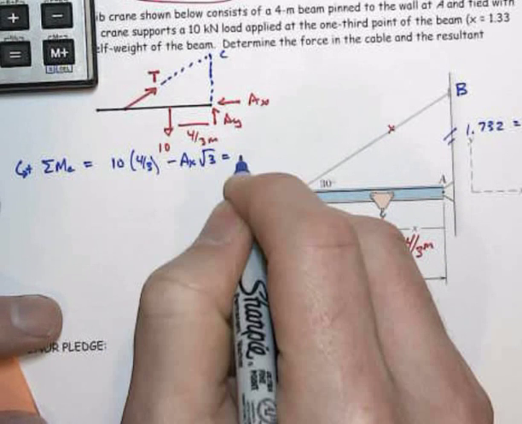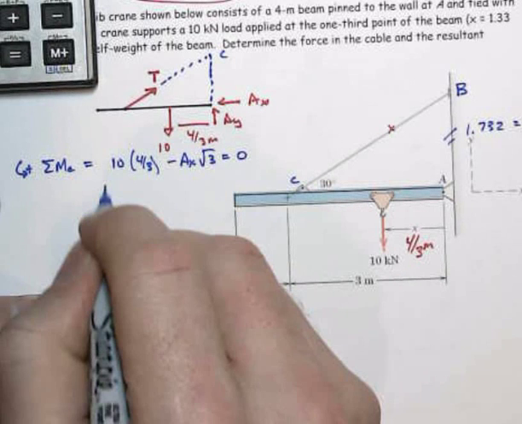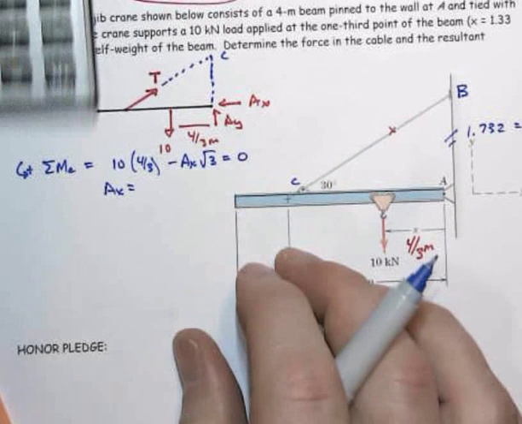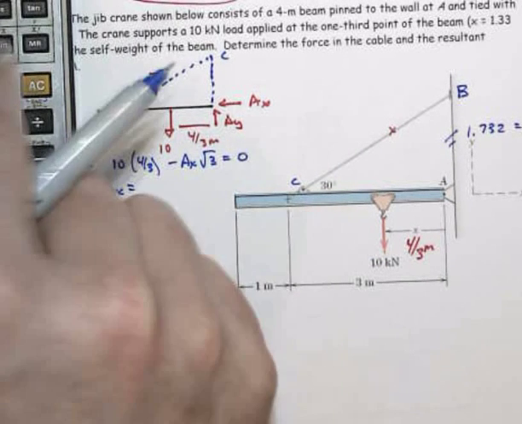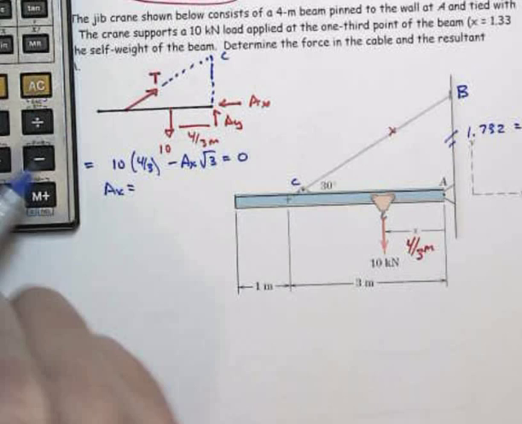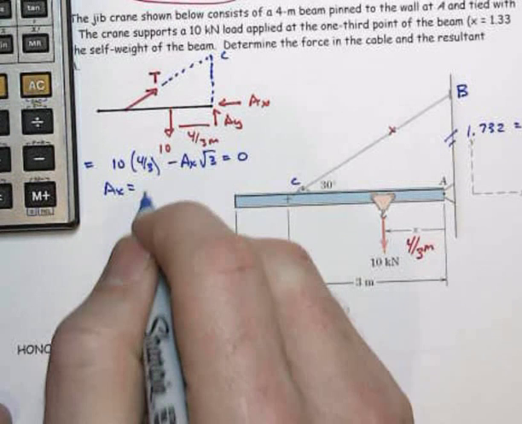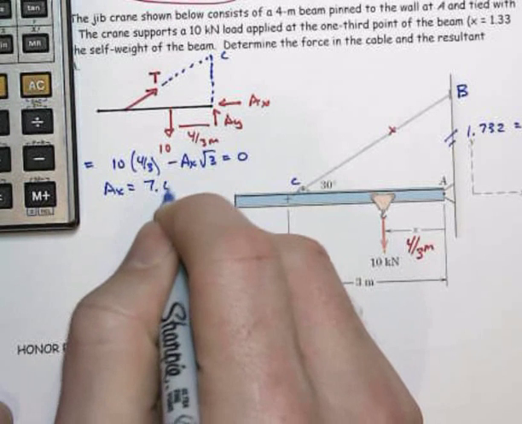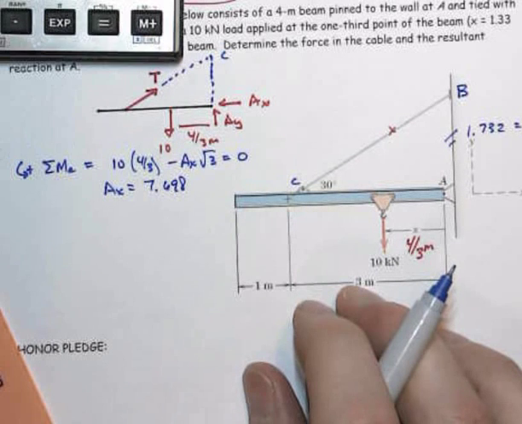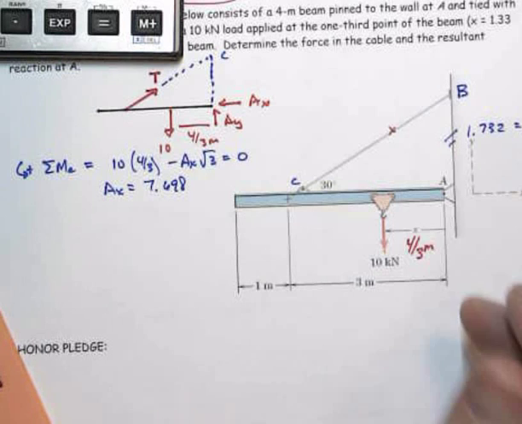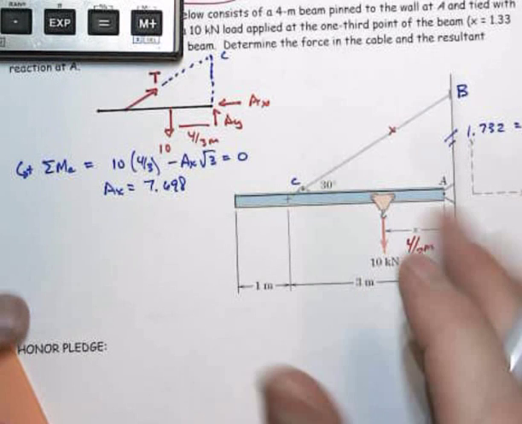That is set equal to 0 for equilibrium, and therefore AX is going to be, solve for that, 40 divided by 3 over root 3, and we get AX is equal to 7.698. Okay, for an intermediate result. You could round that up probably to 7.7, not lose any resolution in this particular problem.